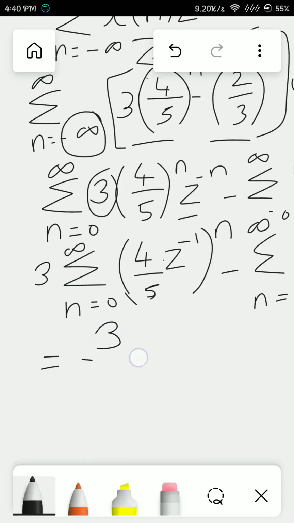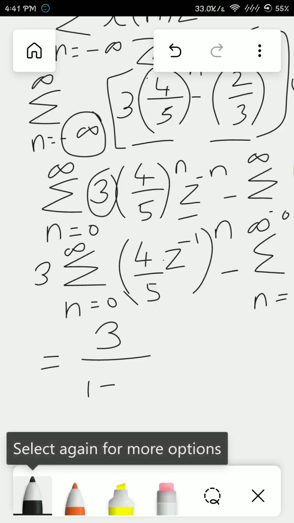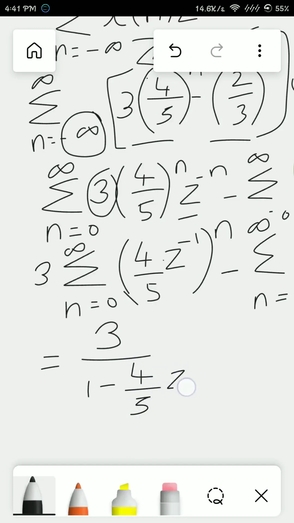So you are going to get the constant 3 divided by, I'm sorry, 5. So it is 3 divided by 1 minus (4/5) z inverse, minus 1 divided by 1 minus (4/9) z inverse.